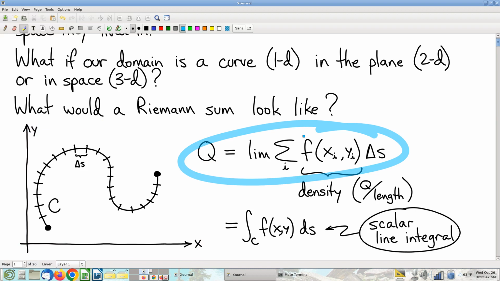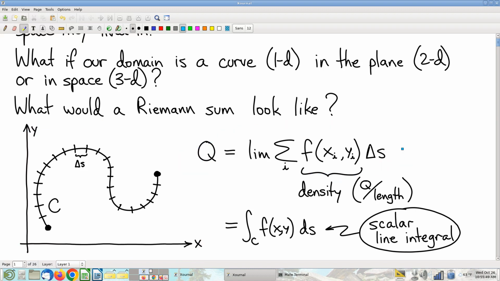This is motivated by the idea of, let's suppose we're interested in computing mass. I call it Q just to be general. Suppose there's a bent wire, but it's more dense over here for some reason, less dense over there, and maybe more dense over here.